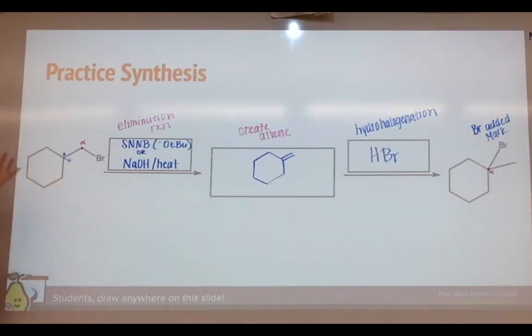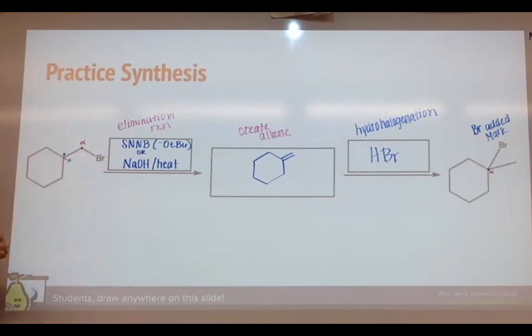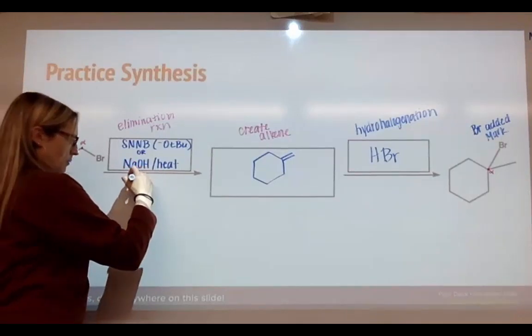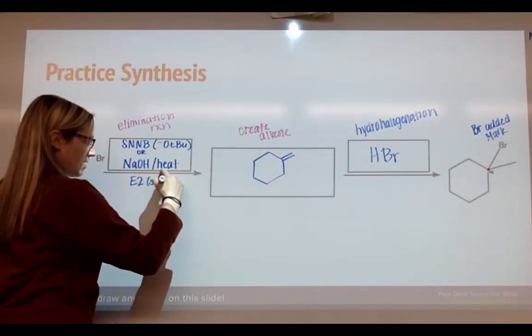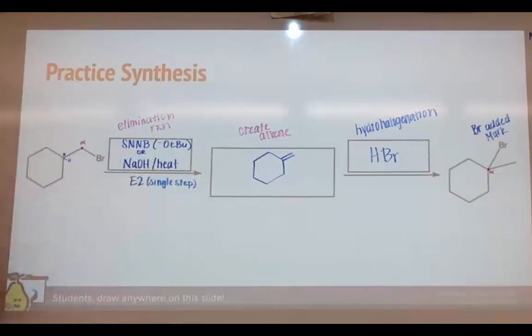The thing with this is we want an E2 reaction to occur, which is single step. It doesn't matter which one we used because there was only one beta hydrogen. So the Hofmann and the Zaitsev product were the same.